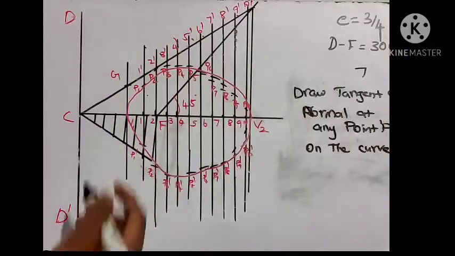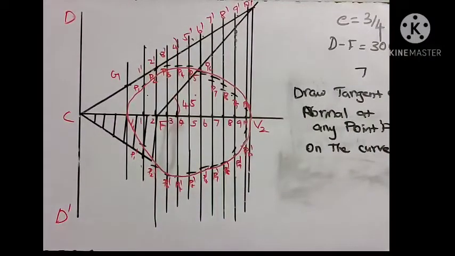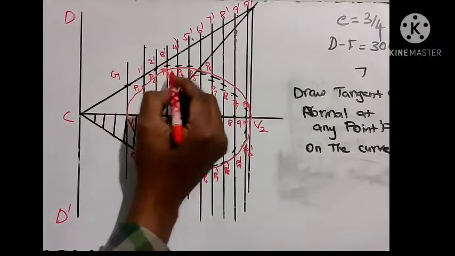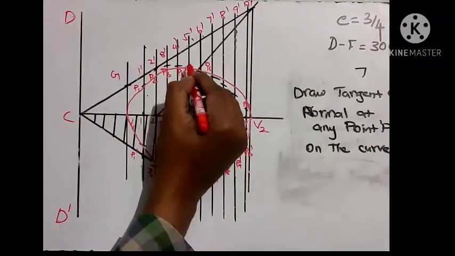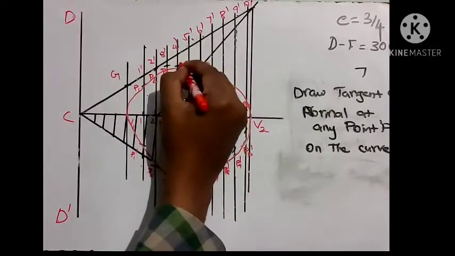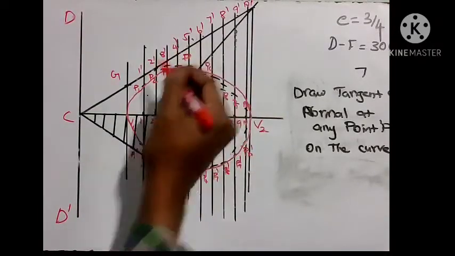You need to choose any point on the curve, something like this. For instance, I choose this point. I'm going to name this as P because it is given in the question.